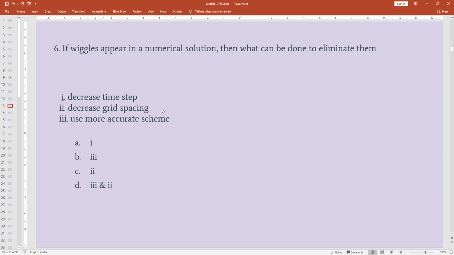So if you have already chosen a numerical scheme, then changing the numerical scheme won't be applicable. Then our best thing is to reduce grid spacing, not to decrease the time step. Sometimes it is needed, but not for wiggles. To reduce wiggles, we should decrease grid spacing. So our answer is option C.